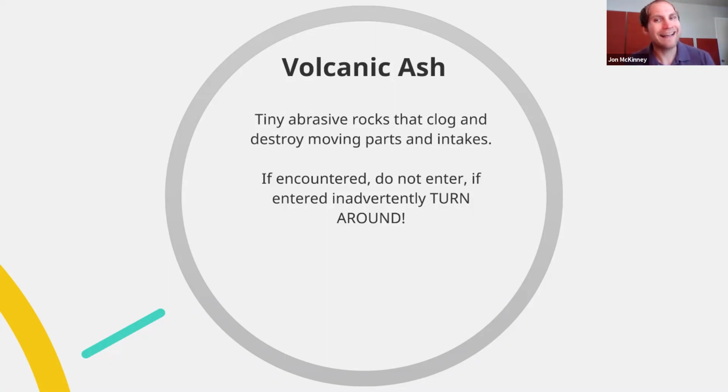So smoke is not as bad as volcanic ash, but it's the same principle. You want to avoid putting contaminants into your engine if you can help it. So volcanic ash, do not enter a volcanic ash cloud. A smoke cloud is not as bad, but you still want to avoid it if you can.